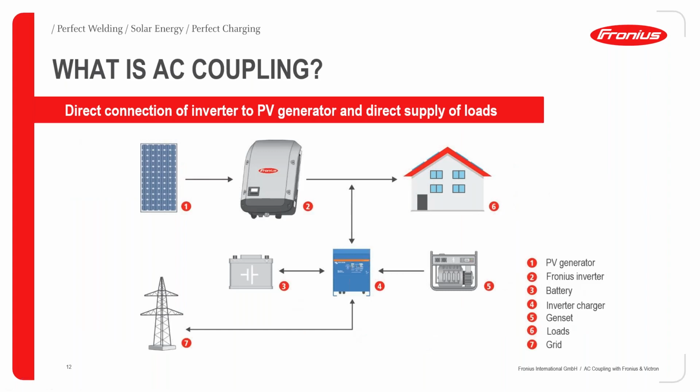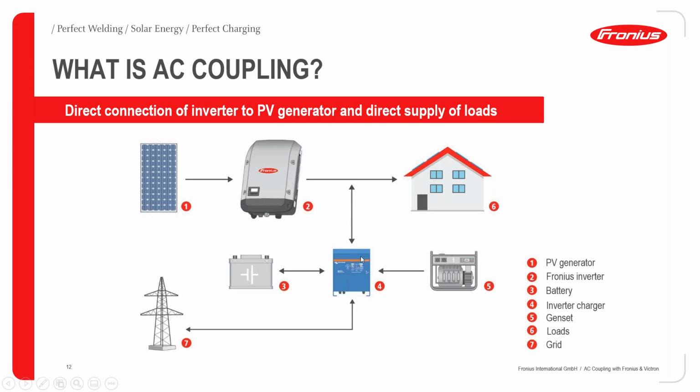And then talking about AC coupling, this is how it looks like. In this case, the PV inverter comes in, which in this case is the Fronius inverter. With the Fronius inverter, it is possible to actually supply the load line directly from the PV generator. But as you can see, it is coupled on the AC line to the Victron inverter.